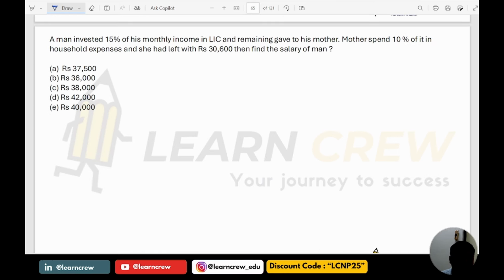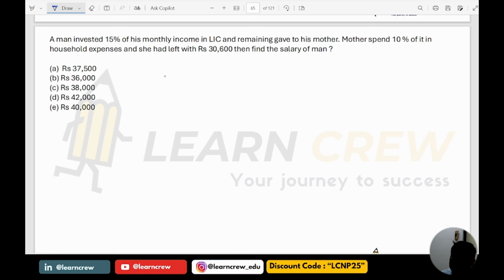Next. A man invested 15% of his monthly income in LIC and the remaining he gave to his mother. Mother spent 15% of it on household expenses and she was left with 30,600 rupees.